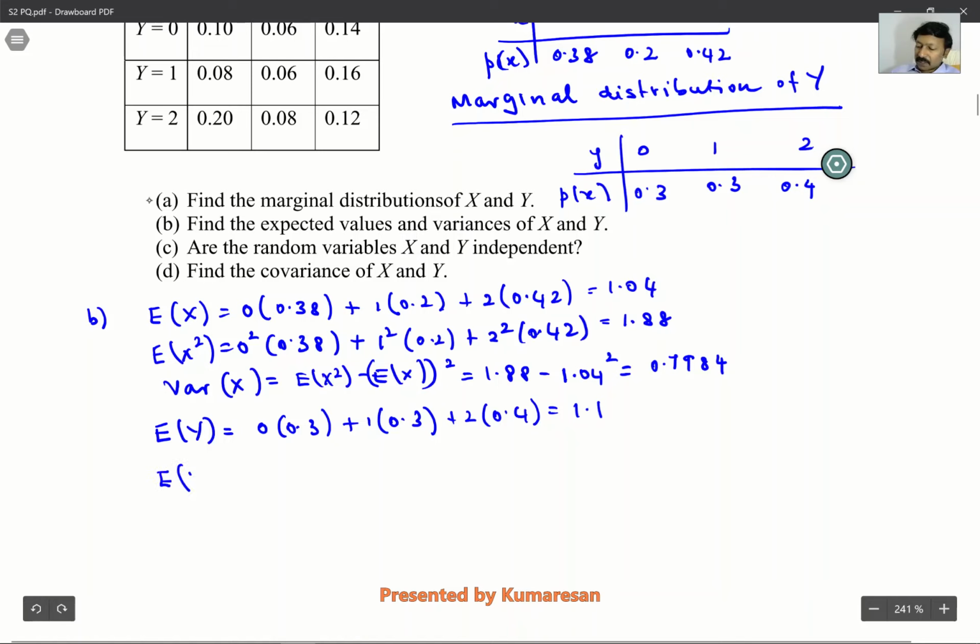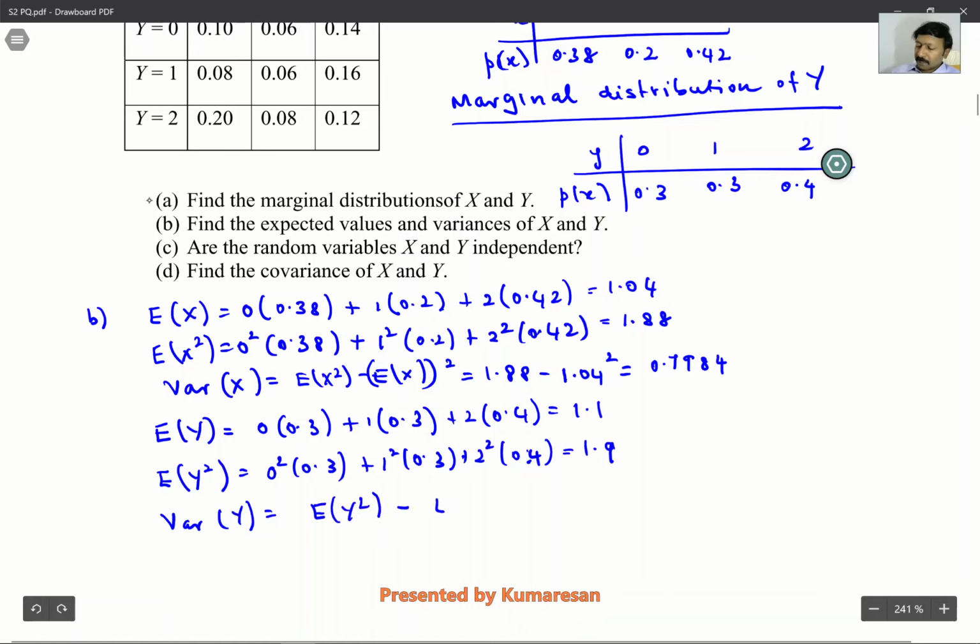To find the variance, we need E of y squared. 0 squared times 0.3 plus 1 squared times 0.3, plus 2 squared times 0.4. So we get 1.9. Therefore, the variance of y is E of y squared minus E of y the whole squared. 1.9 minus 1.1 squared, which is 0.69.